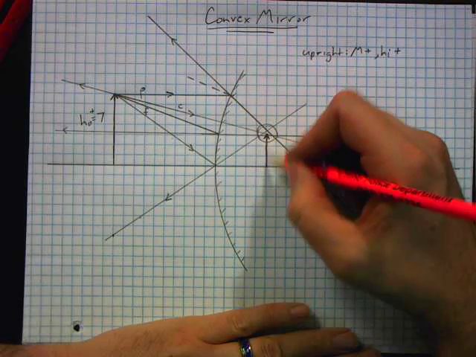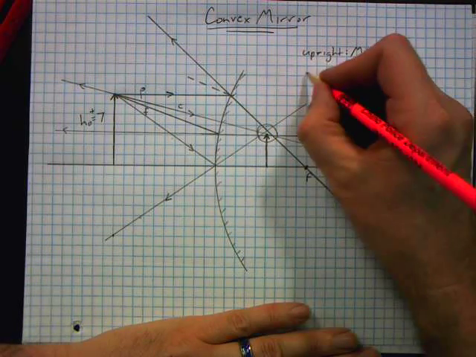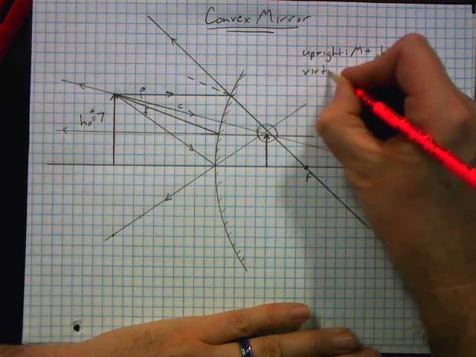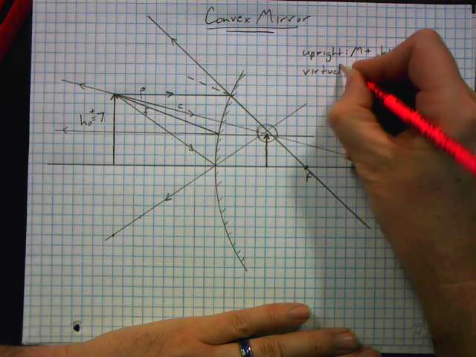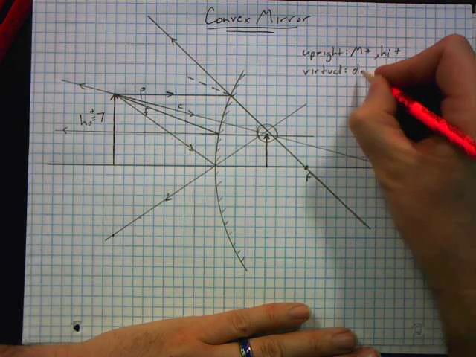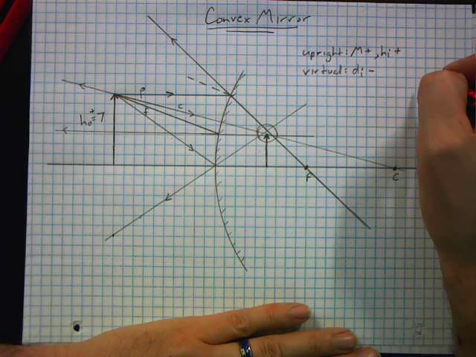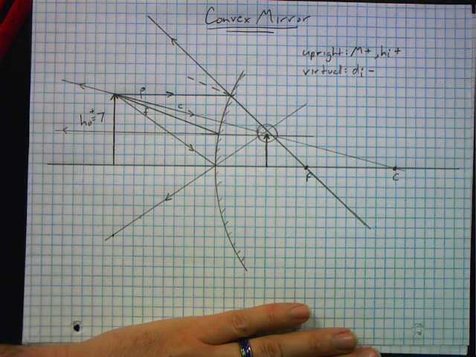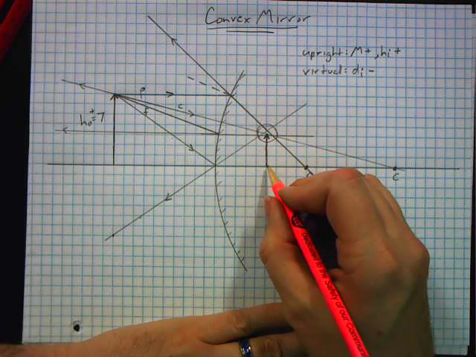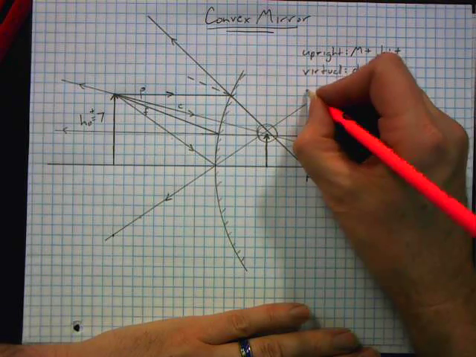It is virtual because it's behind the mirror. Virtual means that the distance to my image is negative. It is smaller than this one. That means it is reduced.